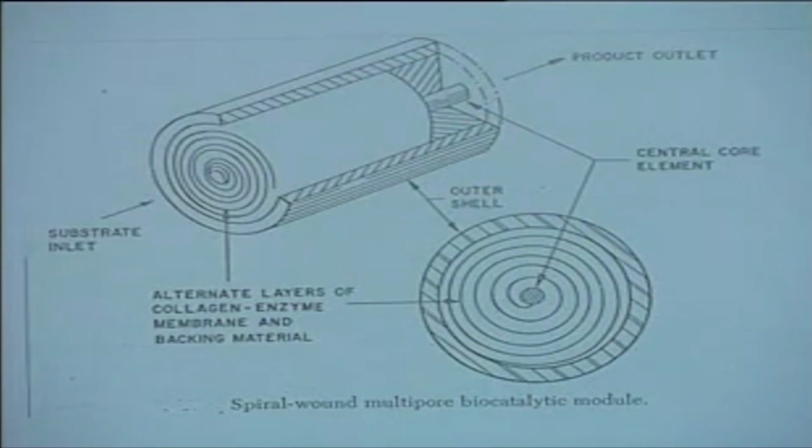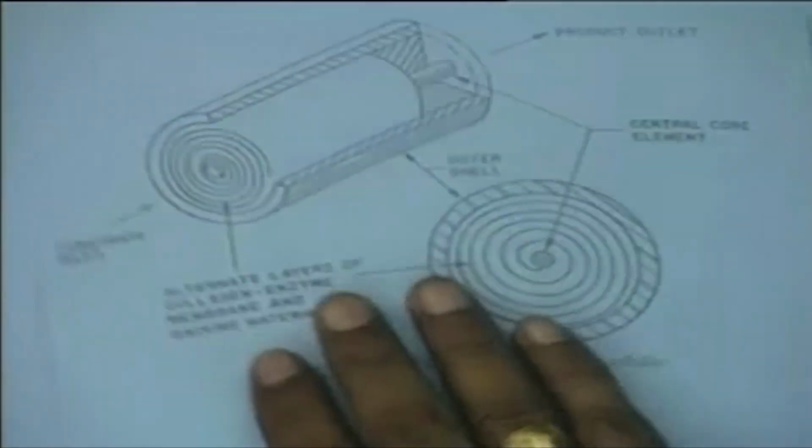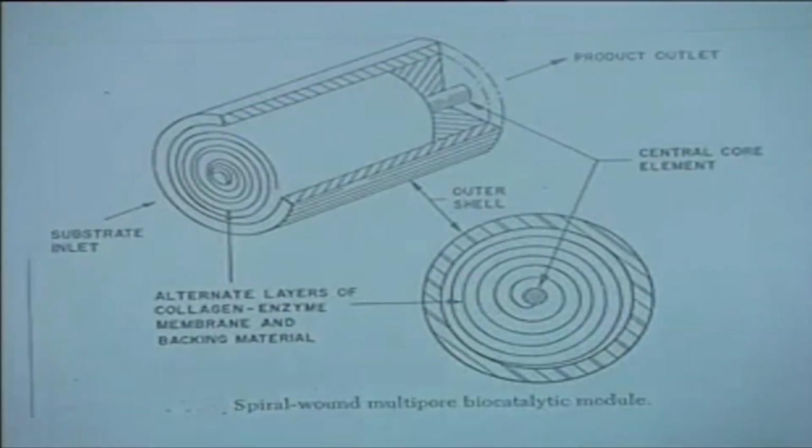and obviously such a system can provide a very high enzyme loading, because the surface area available on the thin film is very large. Also the system performs almost like a plug flow reactor. It operates almost like a packed bed system.